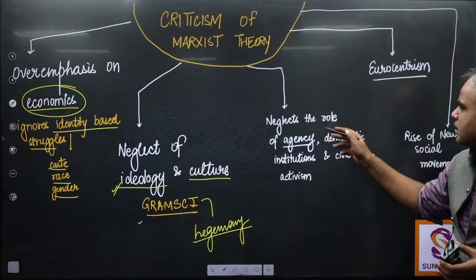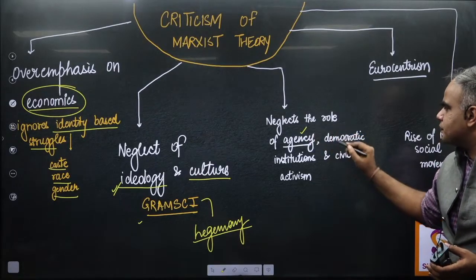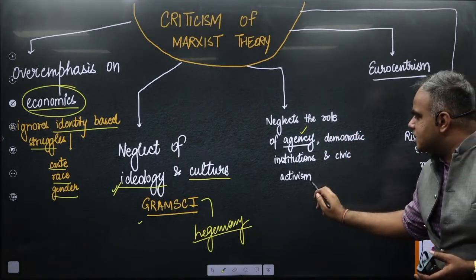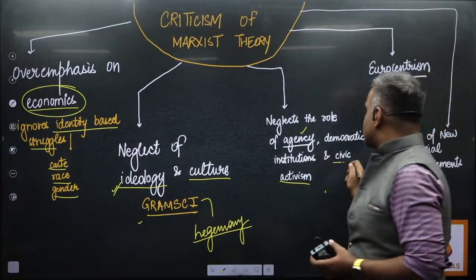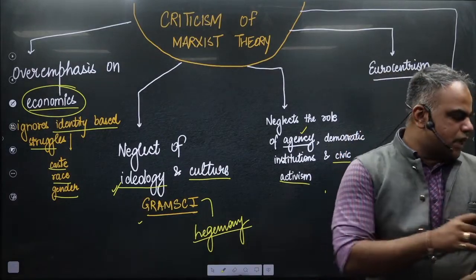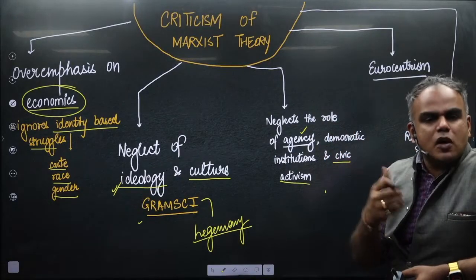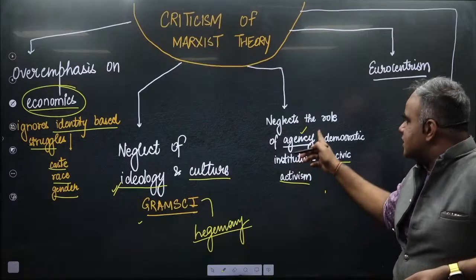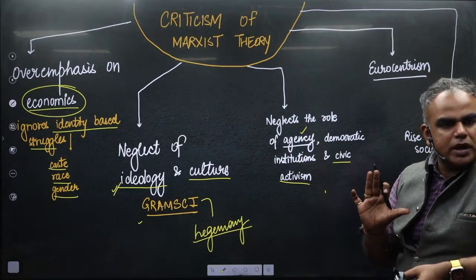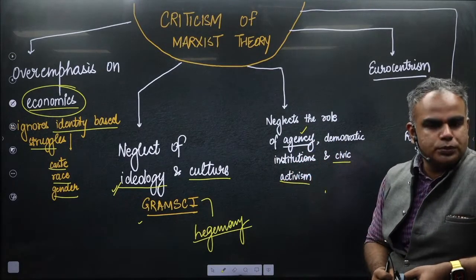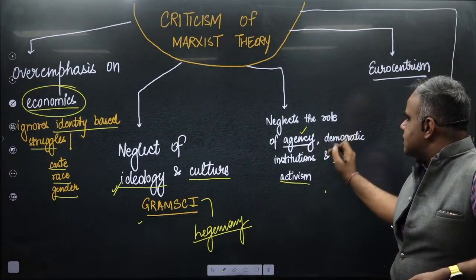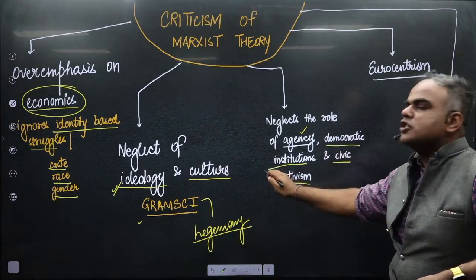Then it neglects the role of agency, democratic institutions, and civic activism. Let me explain this to you. The moment you say that the state is an instrument of a particular class, you are saying that the state has no agency. Okay, so even that is not entirely true. It neglects the role of agency. It also neglects the role of democratic institutions.